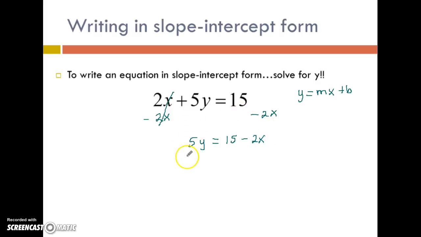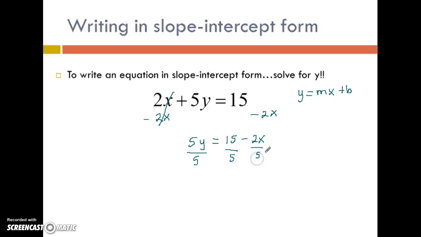Last step is to get y by itself, so we want to divide by 5. And when you're rearranging an equation, think of it as dividing every single term by 5. Because you can group it like this and divide by 5. But it's easier to remember what to do if you treat it as when you're dividing an equation by something, divide everything by 5.